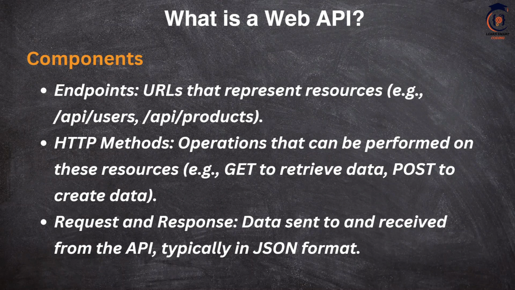So what are the components? There are a couple of things. Endpoints means basically a direct URL that is unique across the web, and that URL is where your resource is present. For example, if you want to get some product, it's going to be some domain name, for example learnsmartcoding.com/API/products.